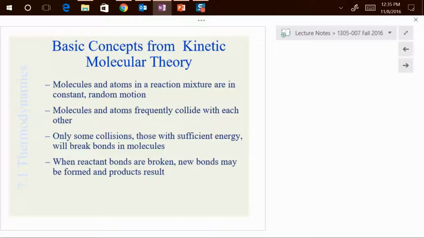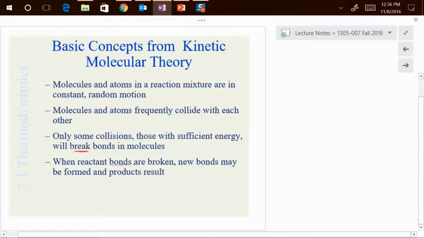Molecules and atoms frequently collide with each other. Only some collisions will allow the reaction to proceed because the bonds will break. So if the bonds break because of the collision, if there's enough energy in the collision, they will break, and then the reaction will proceed. Otherwise, they just bounce off of each other and they go on their way.